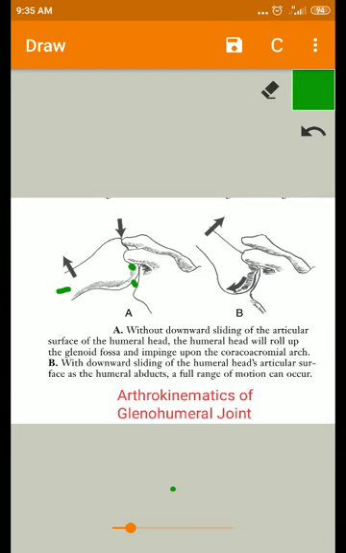From that position, the head of the humerus glides inferiorly, after it causes some superior rolling in the initiation of the movement during abduction. So here you can see this inferior gliding is taking place to achieve full range of motion.